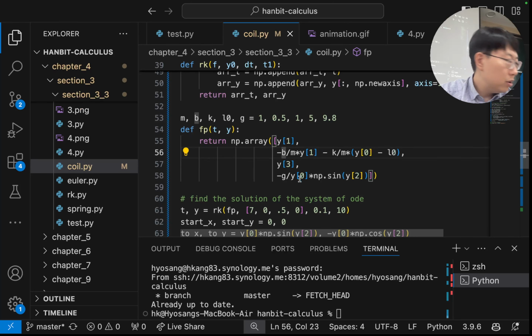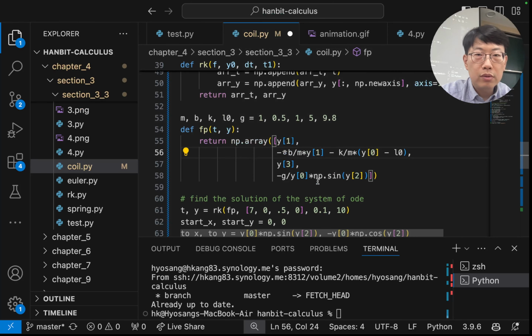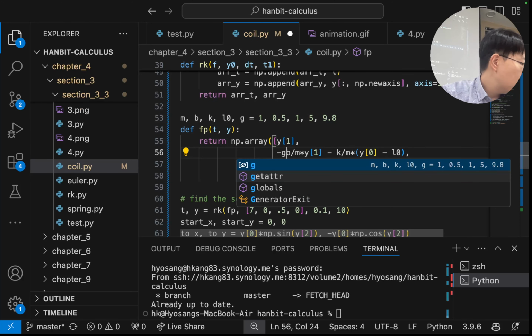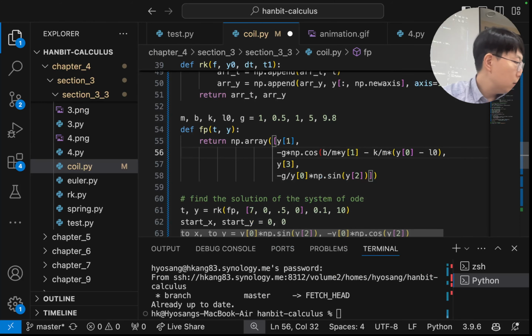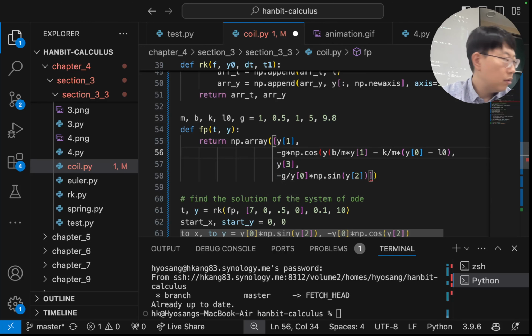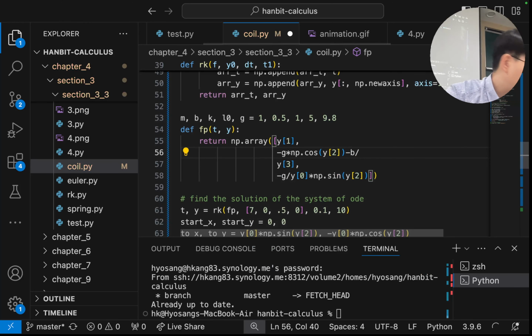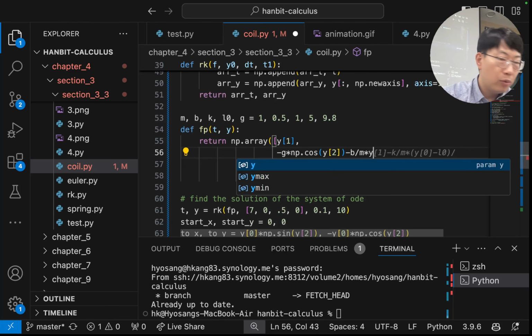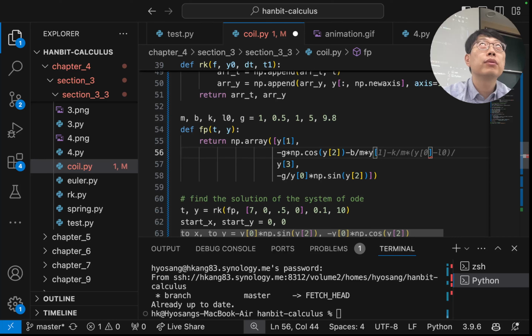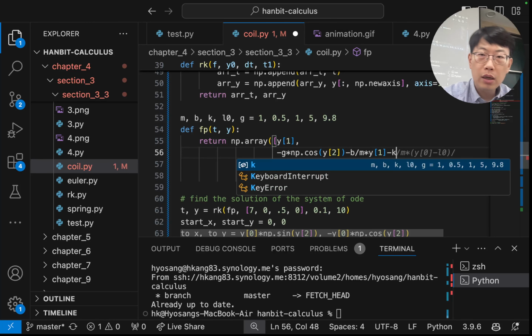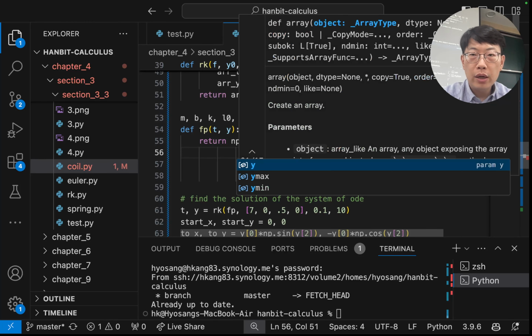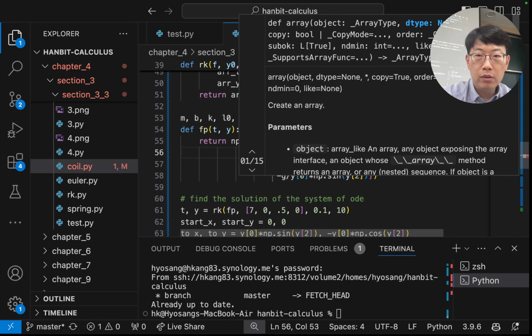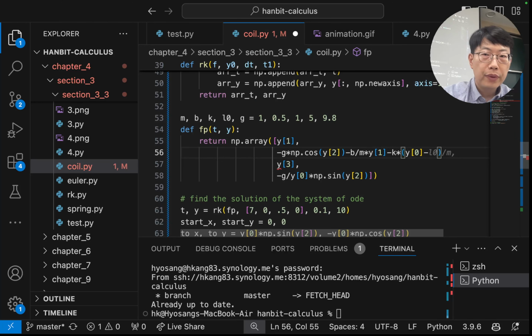And here we have g times cosine of y3, which is y2, and minus b over m times y2, which is y1 here, minus k times y1, which is y0, so y0 minus L0.